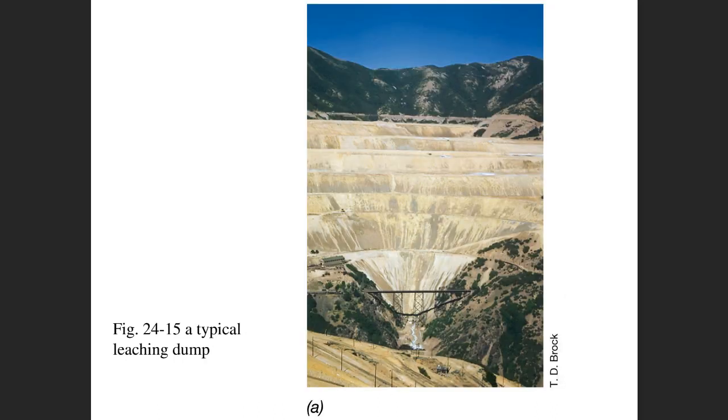Well, copper comes from stone or mines, right? Ore. And some of the rocks have so little copper in them that it's just not worth the energy to grind it up and extract it.